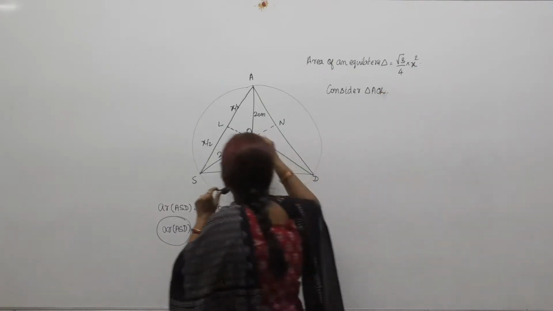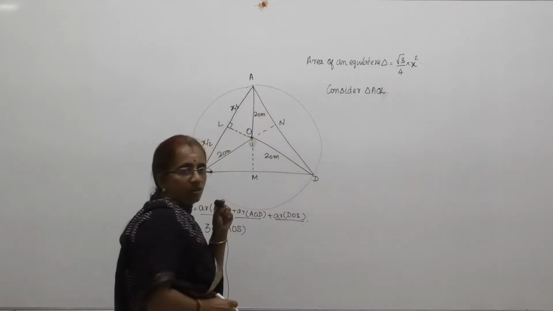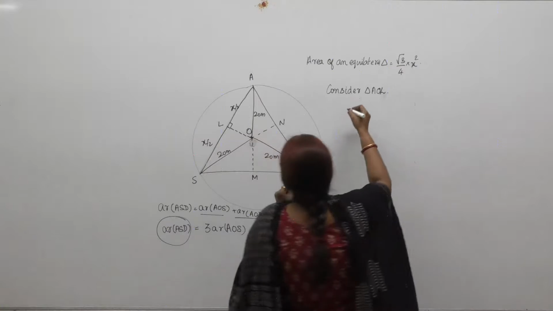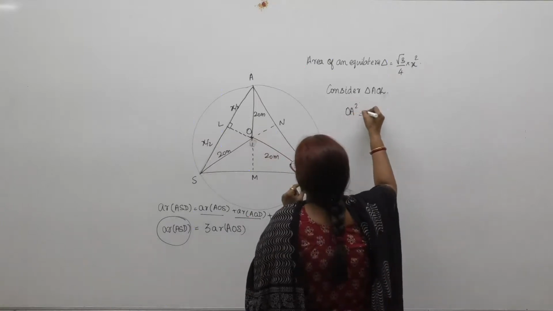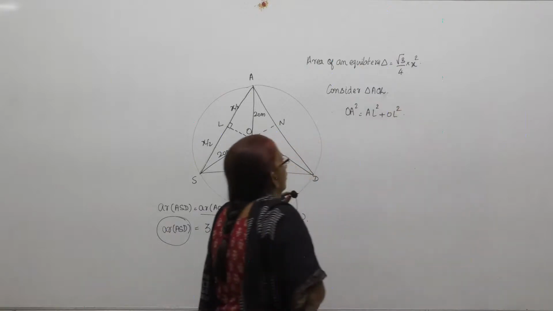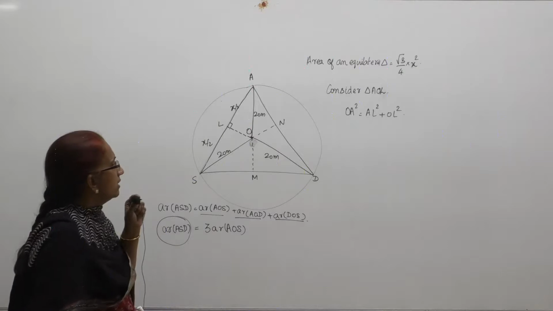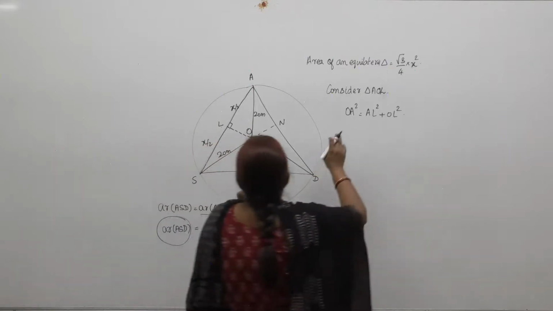So this is perpendicular, right? OL is perpendicular. Therefore OA is the hypotenuse. In triangle AOL, OA square equals AL square plus OL square. What is OA square?